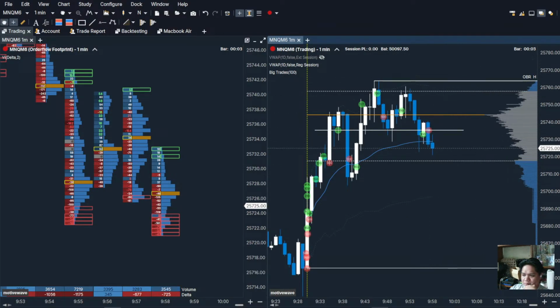Okay, we're below VWAP. I see it go below.